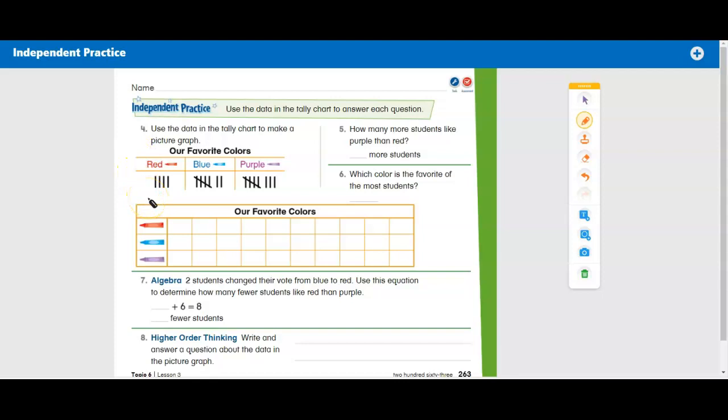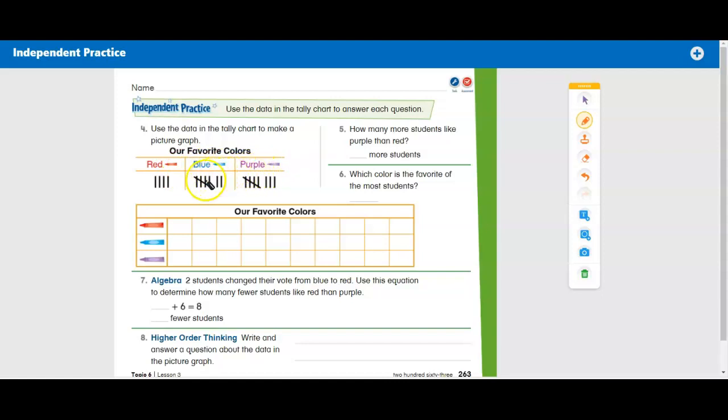So for number 4, you are going to look at this picture graph that says our favorite colors. The tally chart shows the favorite colors were red, blue, and purple.